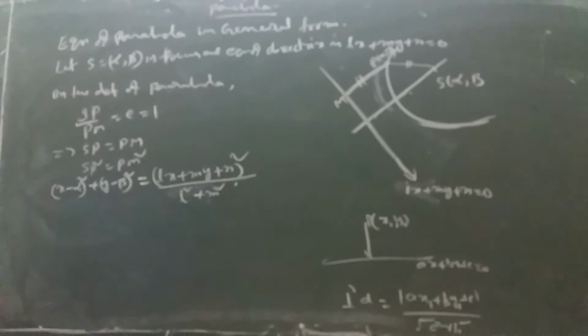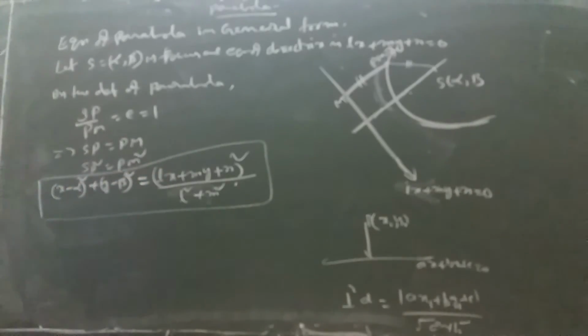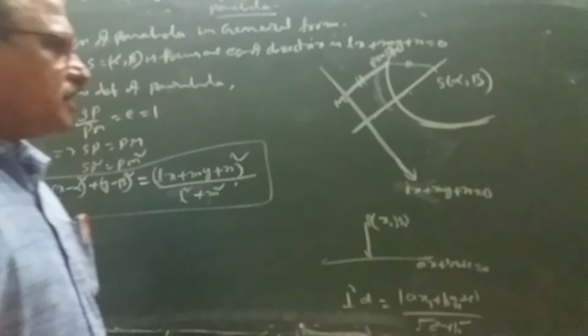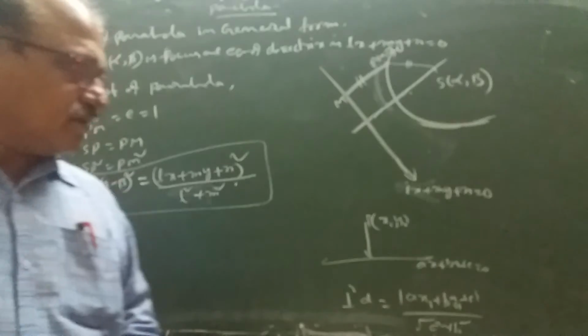Okay, this is the general form of the parabola with focus (alpha, beta) and directrix Lx + My + n = 0.